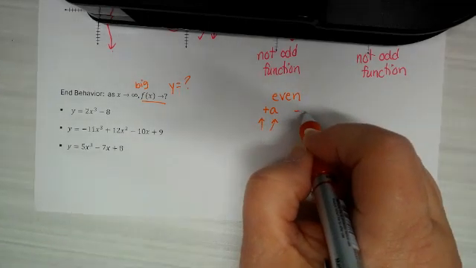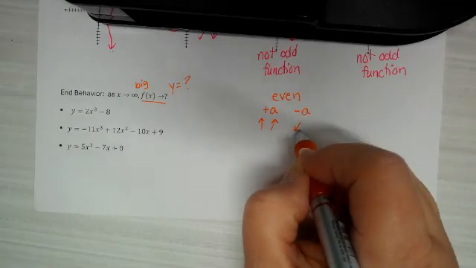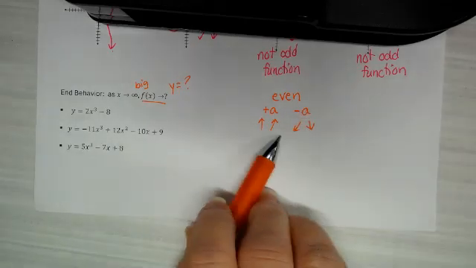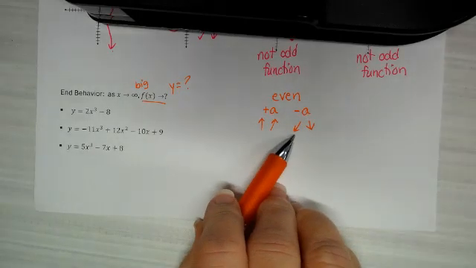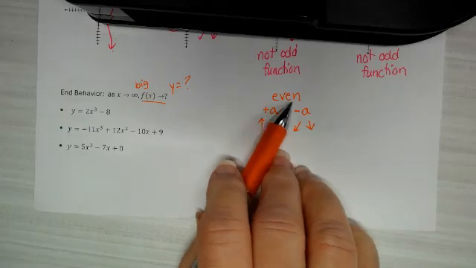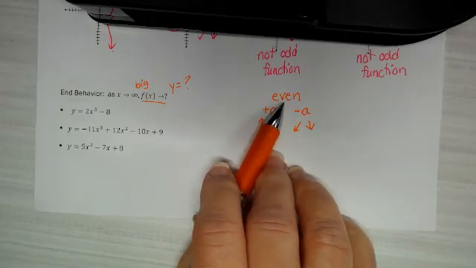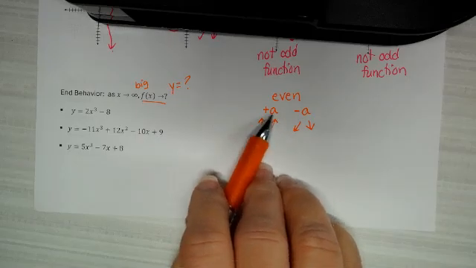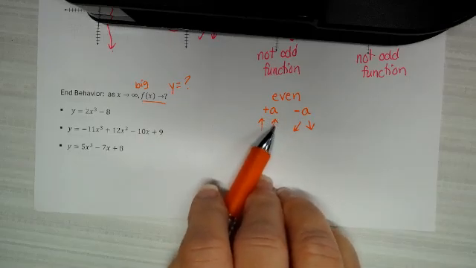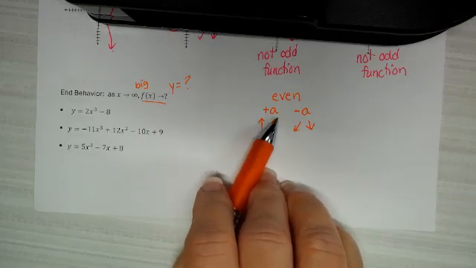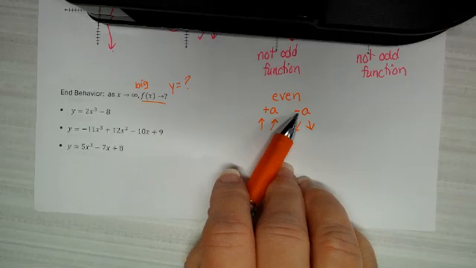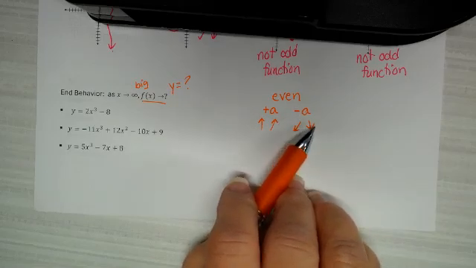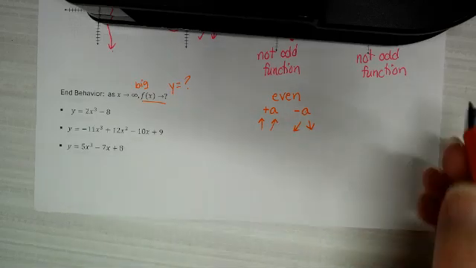If it's a negative a value, it's going down and down. We practiced that with our quadratics. So for this even function, we can tell if a is positive, the end behavior as x approaches infinity is going to be infinity. If it's negative, it was reflected, it's going down, that's approaching negative infinity.